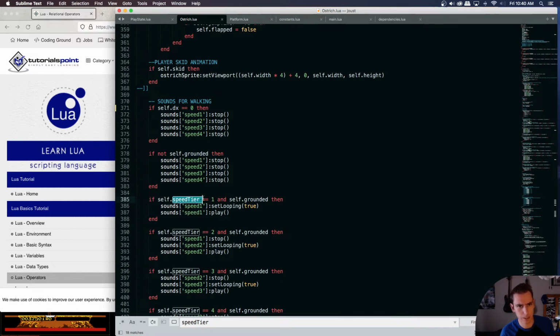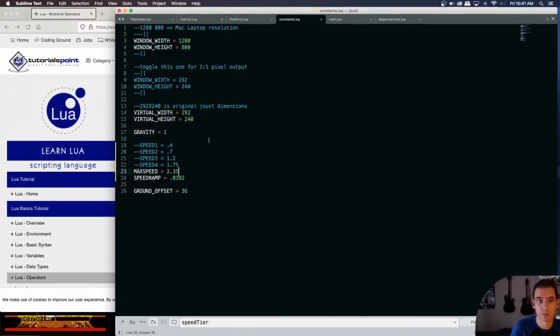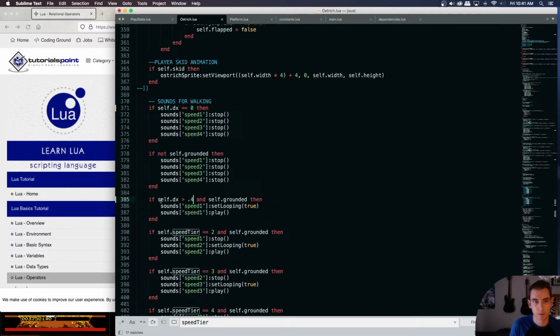But if the absolute value of our dx is greater than the value of our speed 1, which was 0.4, then we're in our speed 1. Our speed 1 sound.